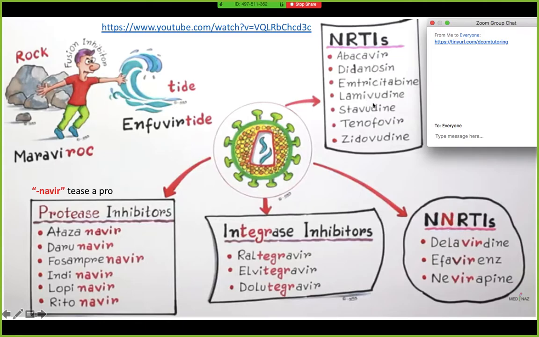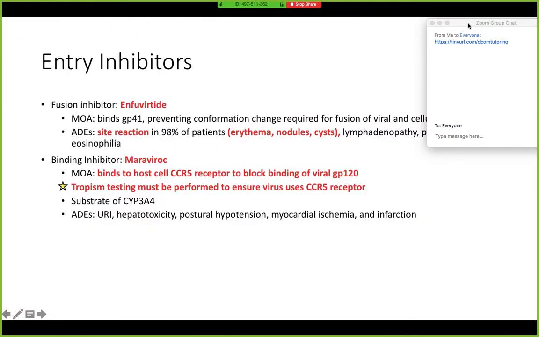And then NRTIs is everything that's left over. So I don't know, it might help you a little bit to keep them sorted out. Otherwise, other than relying on the suffixes or infixes in the middle of the drug names, I really don't have any good way to remember these. Either that or just brute force.